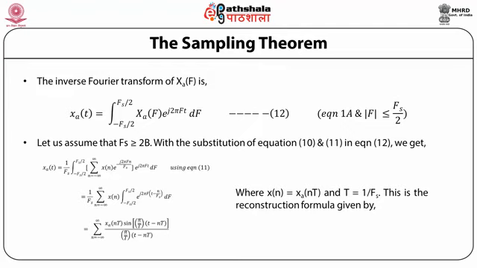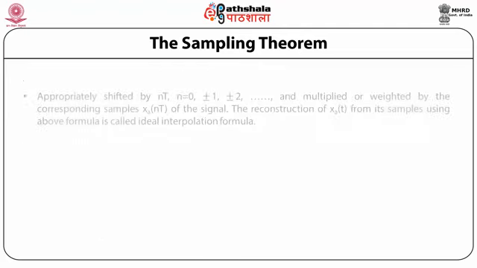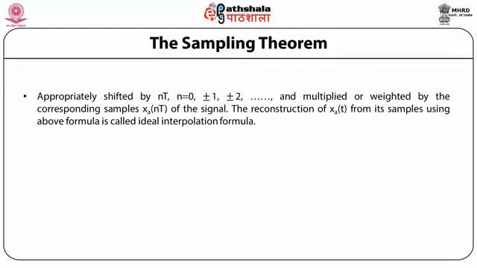So this is the reconstruction formula, appropriately shifted by nT, where n is equal to 0, plus minus 1, plus minus 2 and so on, and weighted by the corresponding samples xa(nT) of the signal. The reconstruction of xa(t) from its samples using the above formula is called the ideal interpolation formula.